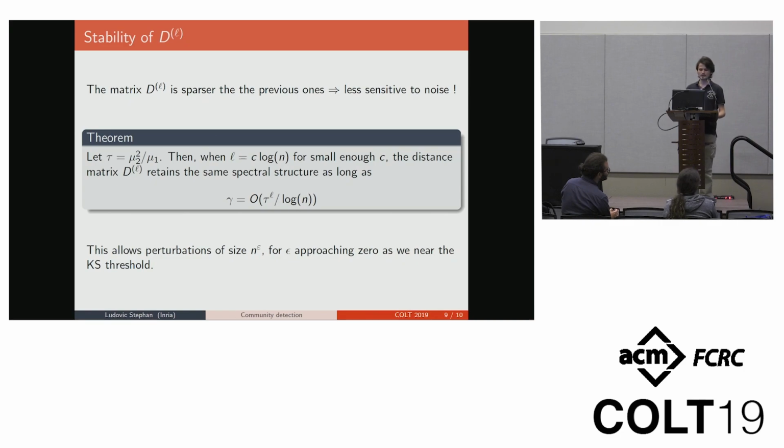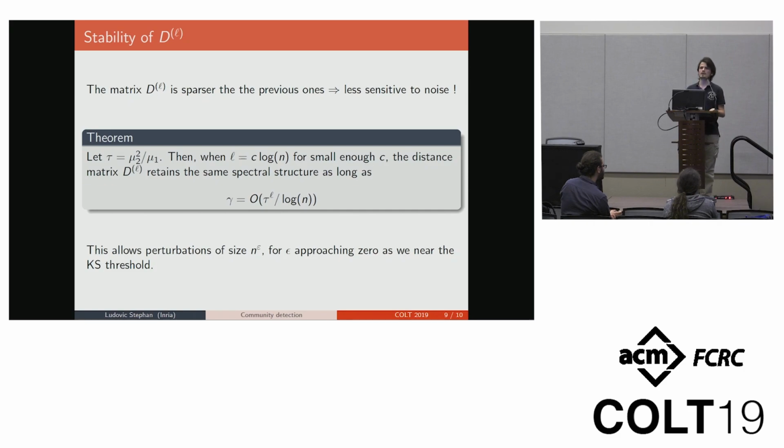And we showed that it is the case because when we take L again to be constant times log n, then the spectral structure of D_L that we mentioned that's useful for community recovery is preserved as long as we affect at most tau to the nth power edges, where tau is what we call the signal-to-noise ratio, so it's related to the Kesten-Stigum threshold.